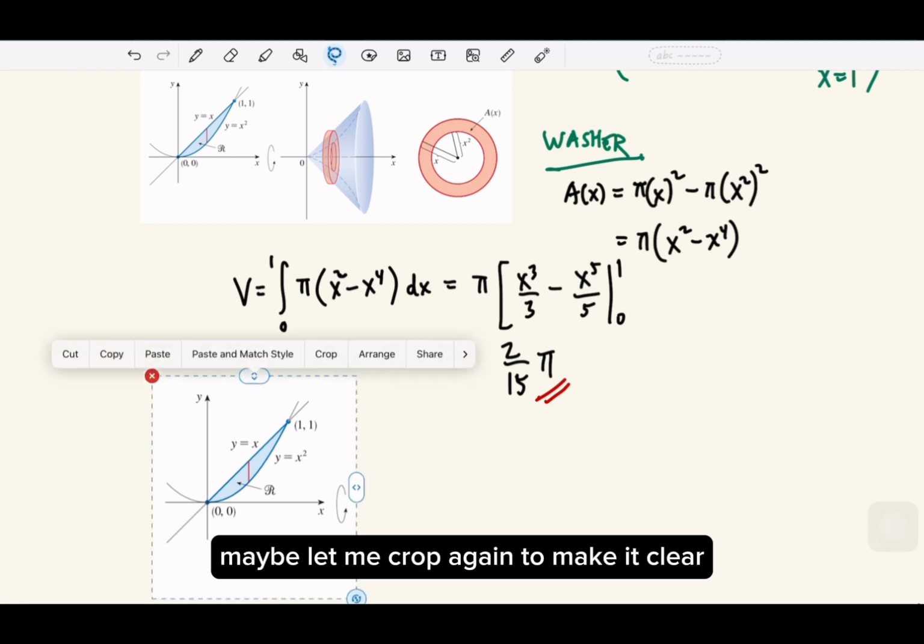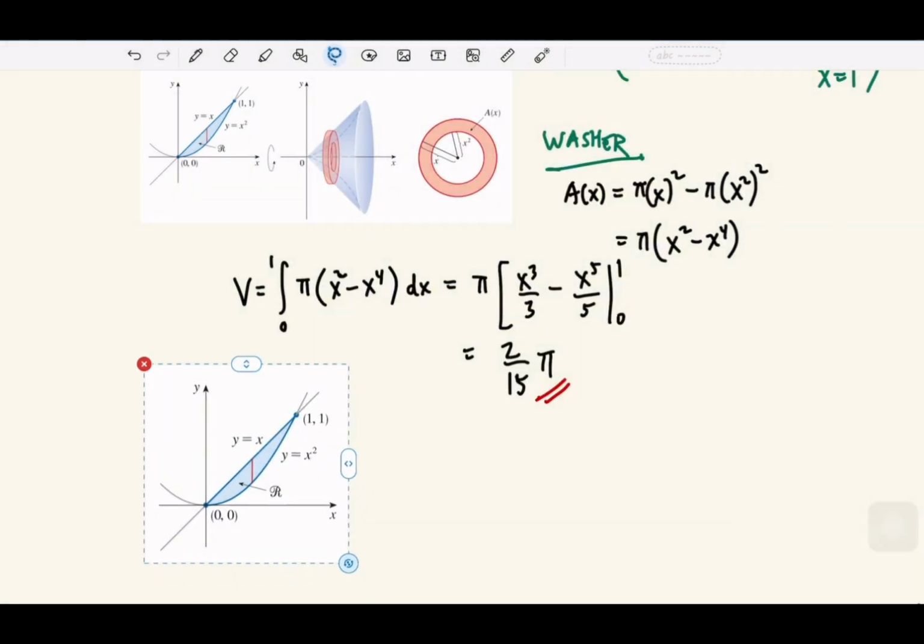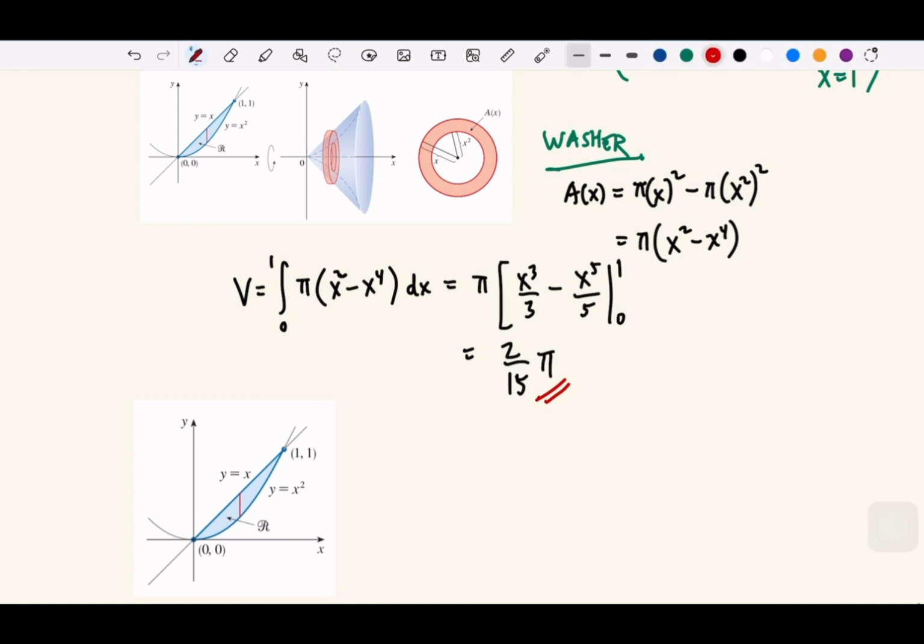Maybe let me crop again to make it clear. Okay, that's the volume.